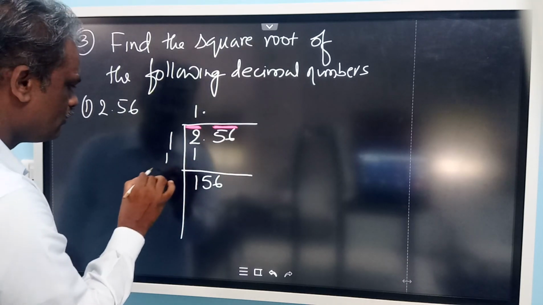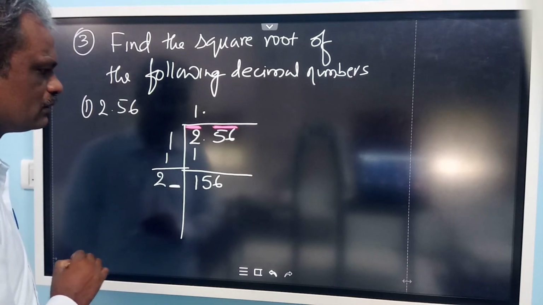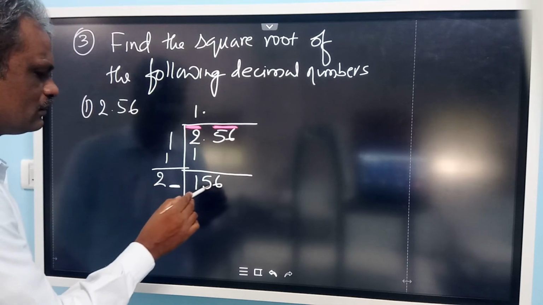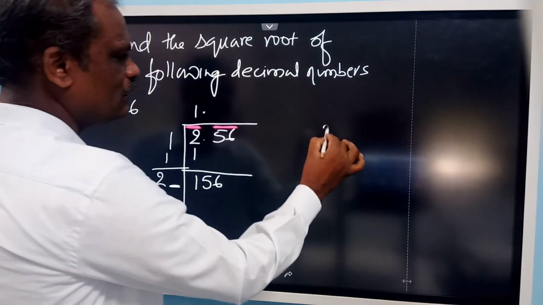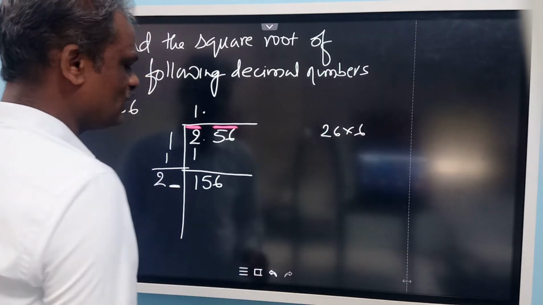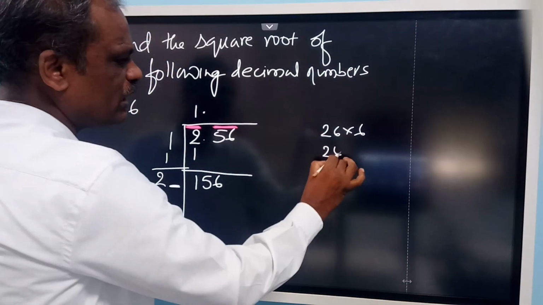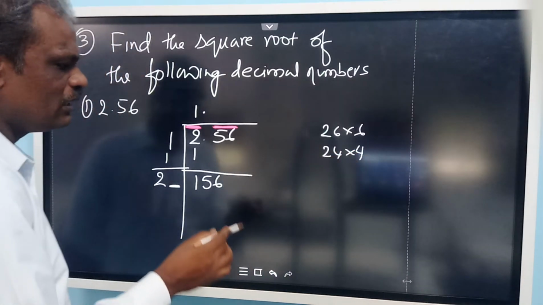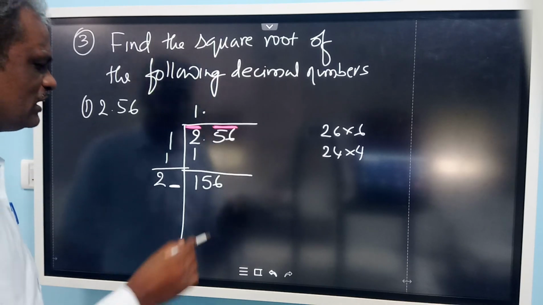Double this one. 1 plus 1, 2. Now we have a blank place here. If I write 6, to get 6 at the end, it is either 26 multiplied by 6 or 24 multiplied by 4. These are the only possibilities of getting 6 at the end. Which one will you multiply?